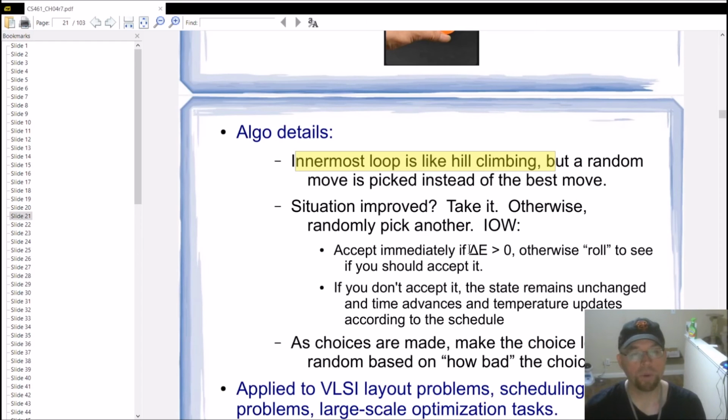So here's a way of looking at it. The textbook talks about delta E. So if your position is better, if it's an improvement, take it. Otherwise, you can roll to see if you should accept whatever the inferior position is.